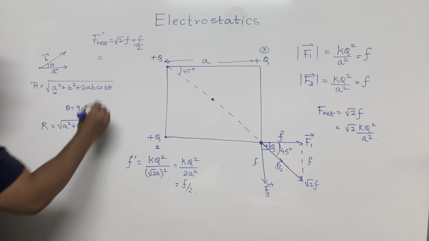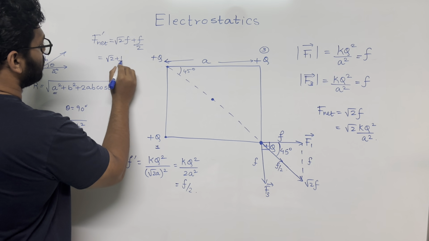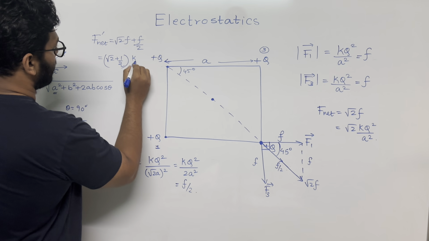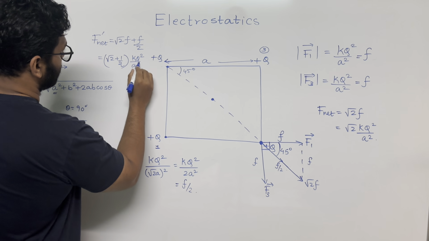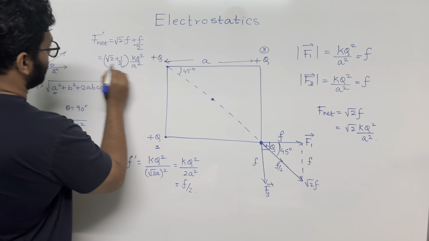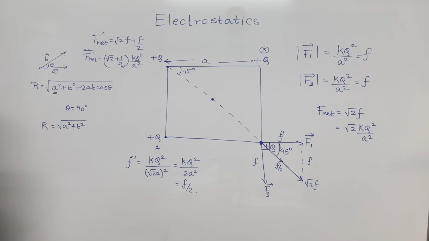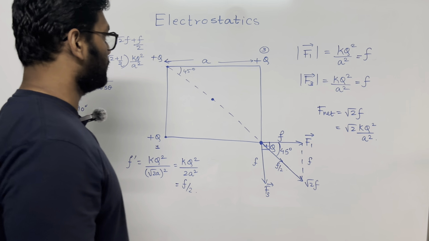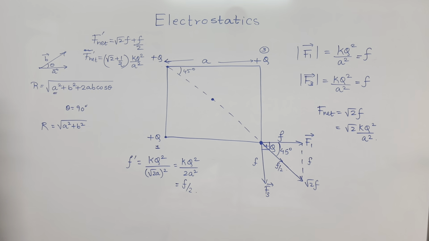So this is root 2 plus 1 by 2 times kq square by a square. This is your net force. That is how you do this type of question. Let's look at another question now.